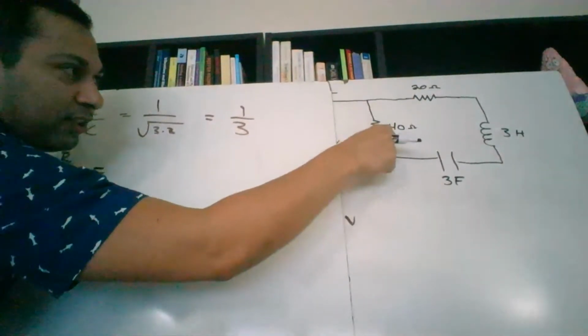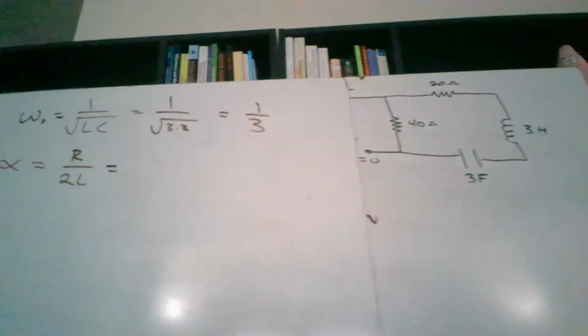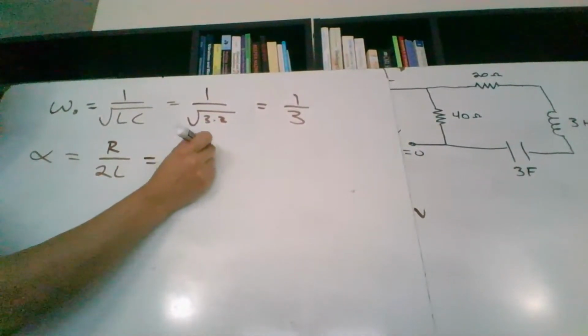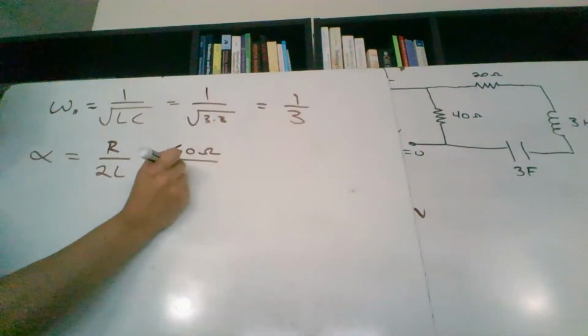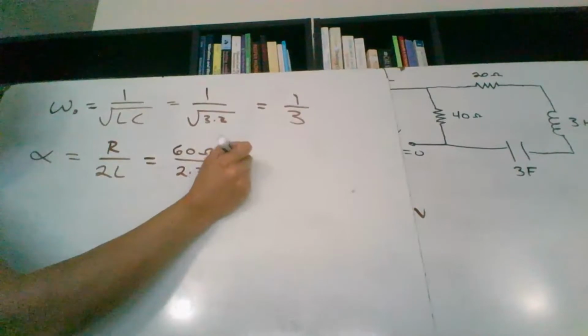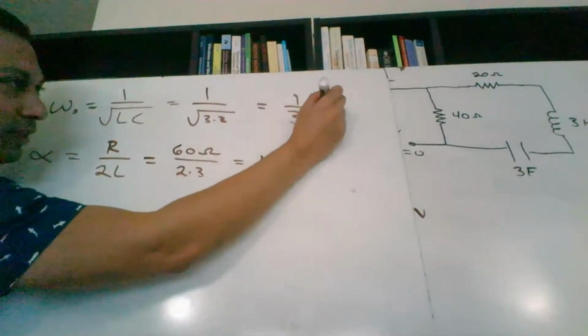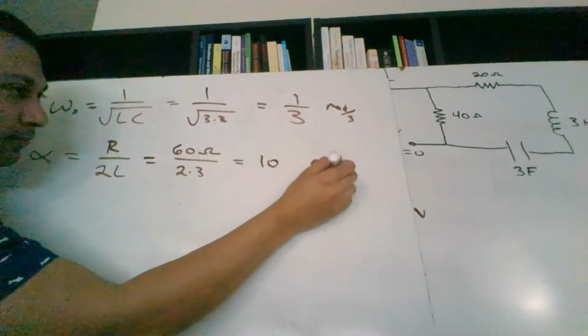They're in series. So the total resistance in this loop is 60 ohms. So we get 60 ohms divided by 2 times L, which is 3. So 2 times 3. And that's going to equal 10. And this is radians per second. And this is radians per second.